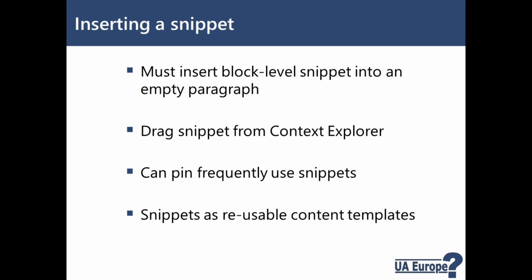I use a pre-prepared snippet that has a table with 3 columns with the standard headings that I usually need for those 3 columns, and I drag the snippet into my topic. And then I do something which I'll show you in just a moment. But let's just go right back to basics. I said I was going to show you how to create a snippet, then insert it, and then pin, and then we'll use this sort of reusable content template thing.